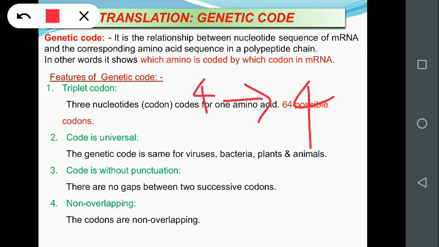Suppose you take a class in which 100 students are there, and we allot roll numbers for all the 100 students. How many digits can we allocate for giving roll numbers? Suppose we use only one digit.